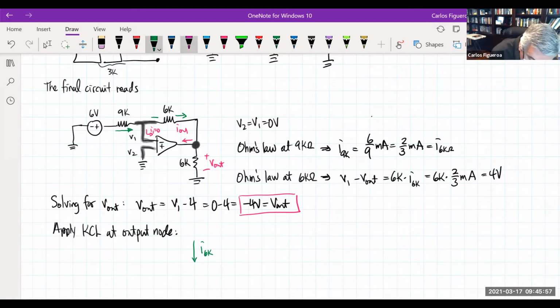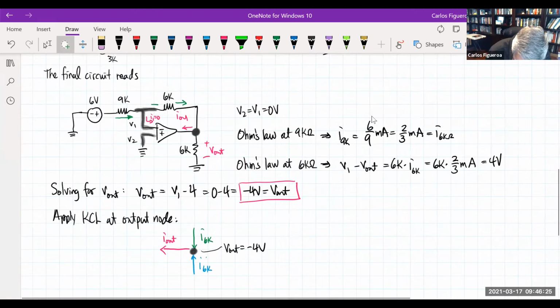I have the current I out, which goes into the op amp, and then I have a second current. Well, I know that this node here is negative 4 volts, right? I know that that node V out is negative 4 volts. So that means that the current is coming from the ground through this resistor. And I'll put a prime here to just differentiate that.